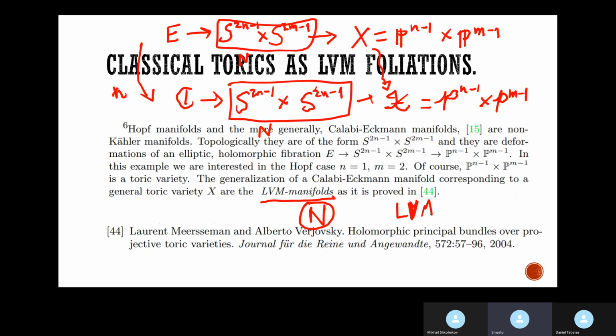Lopez de Medrano was involved in the story, with Verjovsky and Meersseman, and now they land over an arbitrary toric variety. So an arbitrary quantum toric variety, or a general toric variety, will come from an LVM manifold acted on by an abelian complex algebraic group. This is a complex manifold that is non-algebraic, and the quotient.